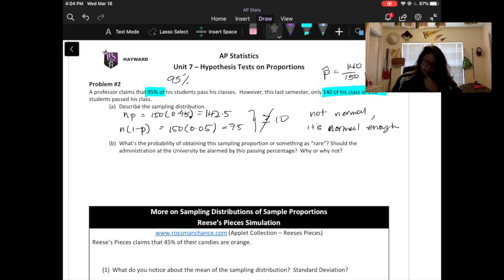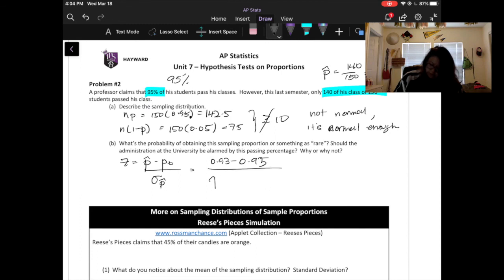Okay. What is the probability of obtaining a sample proportion of something as rare? Should the administration at the university be alarmed by this passing percentage? Why or why not? So z equals p hat minus p naught over sigma p hat. So that's going to be 0.93 minus 0.95 divided by the square root of 0.95 times 0.05 all over 150.